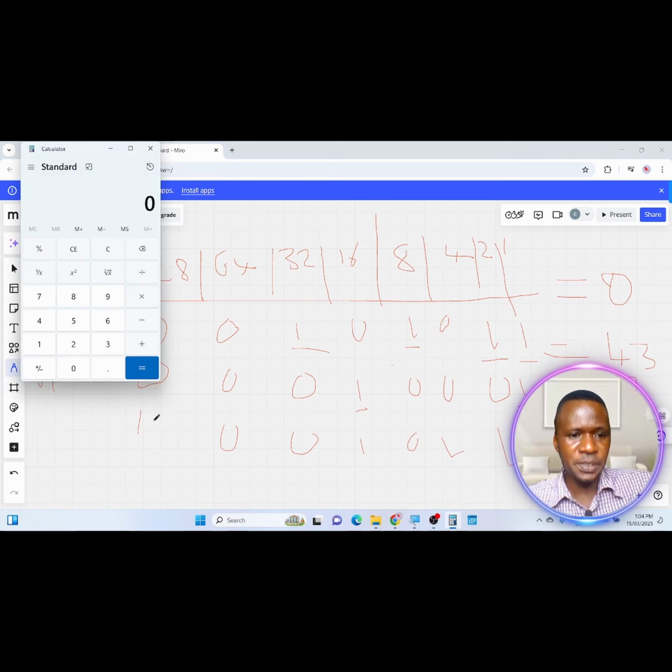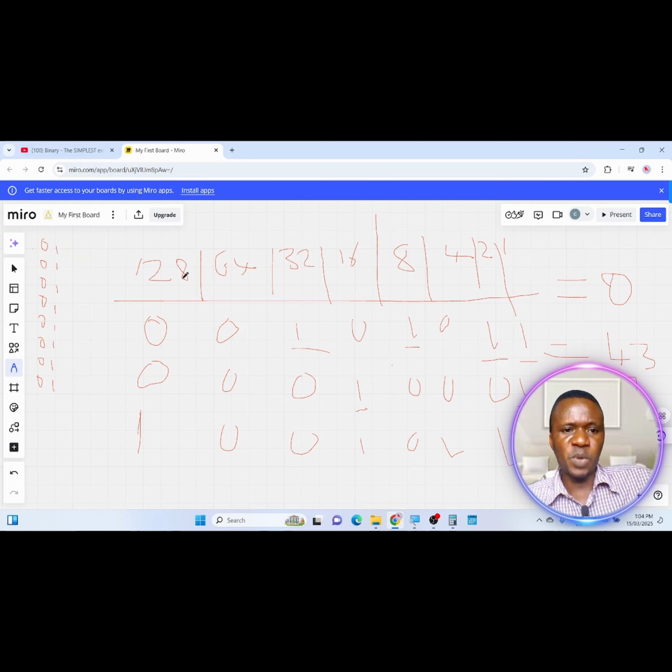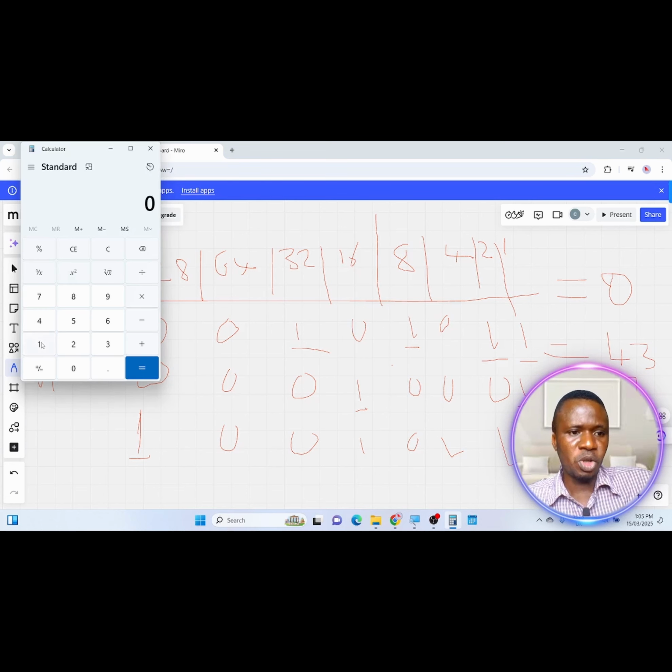We are going to add 128 because it falls under 1. The next one we are going to add is 16. So 128 plus 16. Then the next one, which is 1 here, falls under 4, and we are going to add plus 4, then plus 2 equals 150.